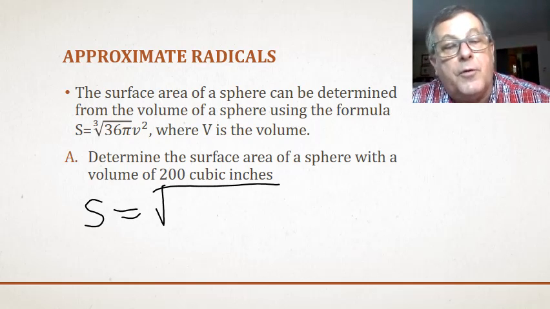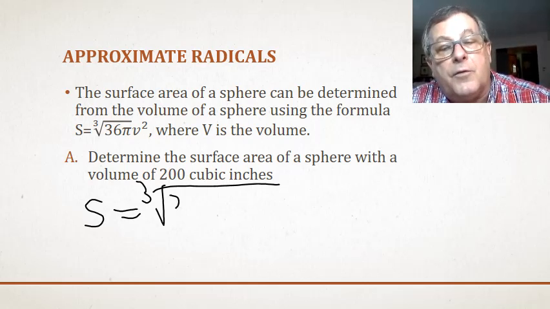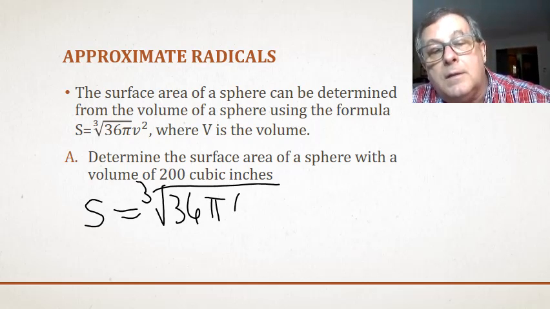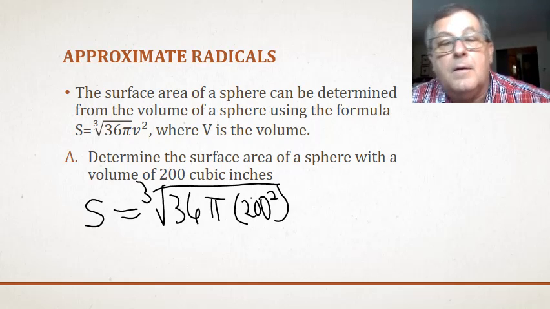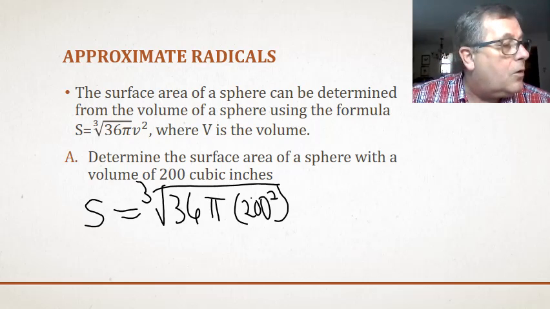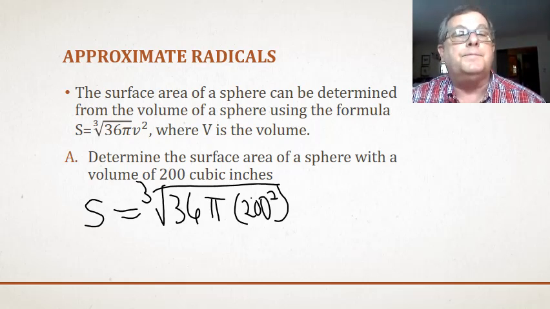And we got the cube root of 36 pi times 200 squared. Pretty quick, down and dirty. We'll jump over on the calculator and then we'll come back and work portion B of this problem on page 409.